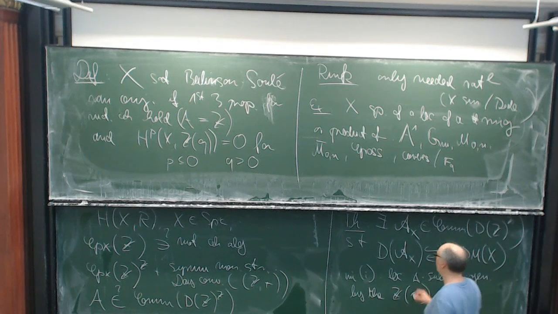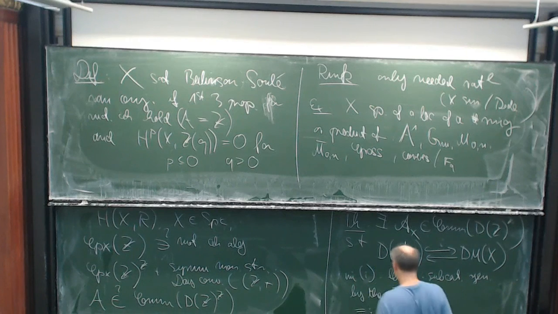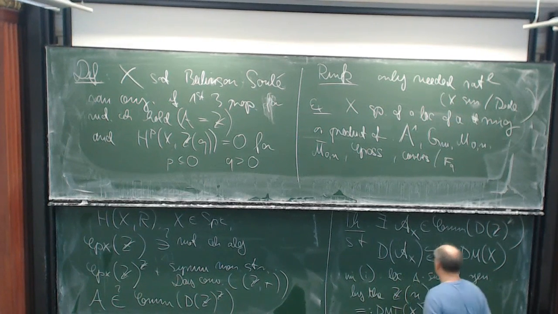And I define this category, the image, to be my category of triangulated mixed Tate motives. So this is defined to be DMT of X.